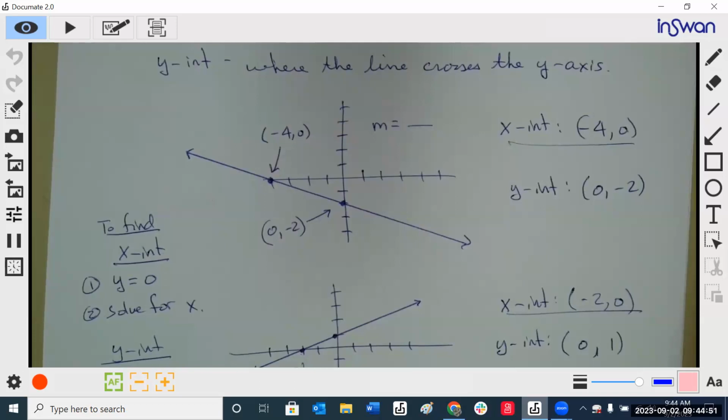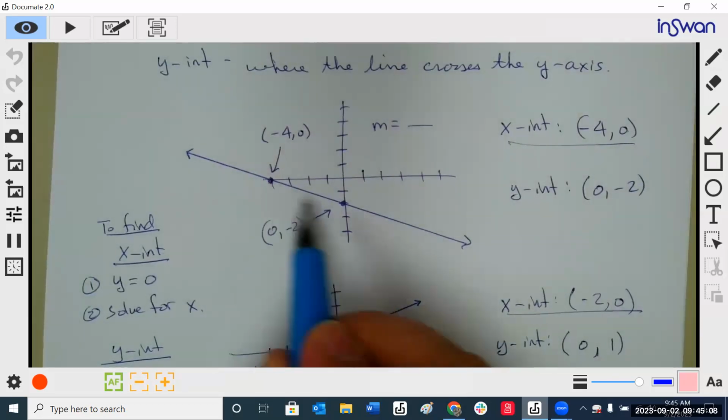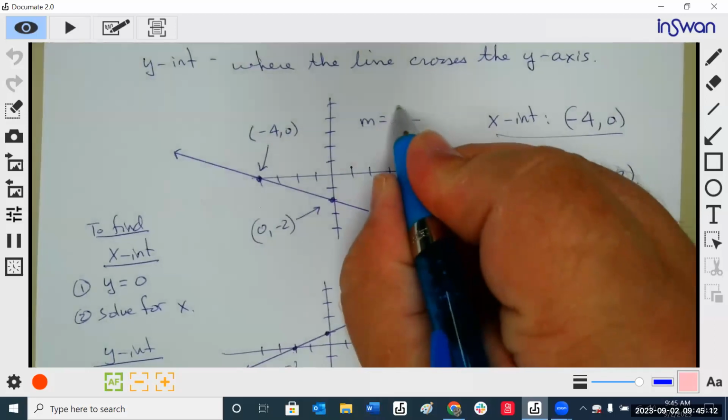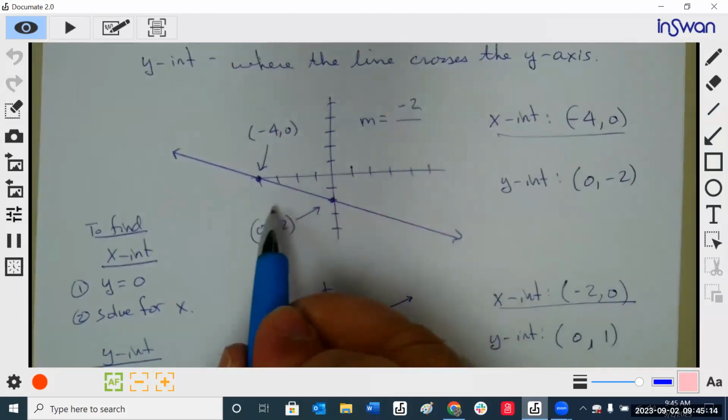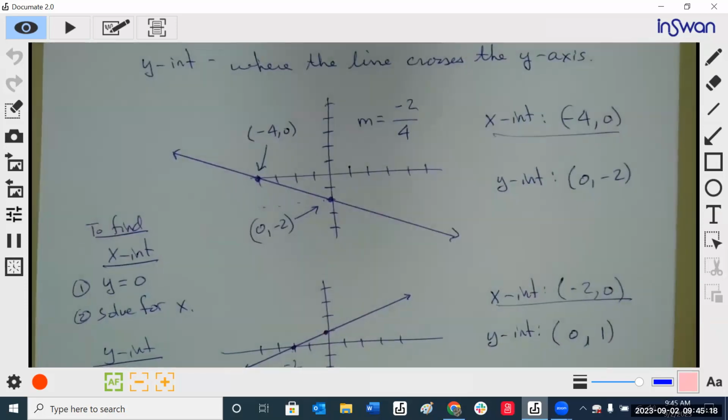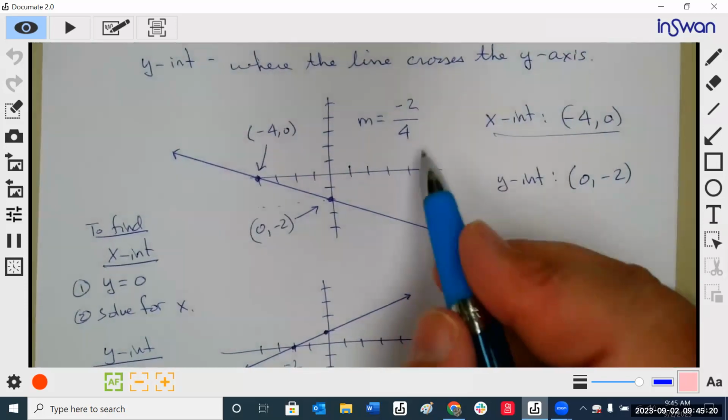Nope. Nope. Why is it negative 1/2? Right. From this point to this point, I go down 2. So that's negative 2. And then I go over 4. It's not 2 over negative 4.